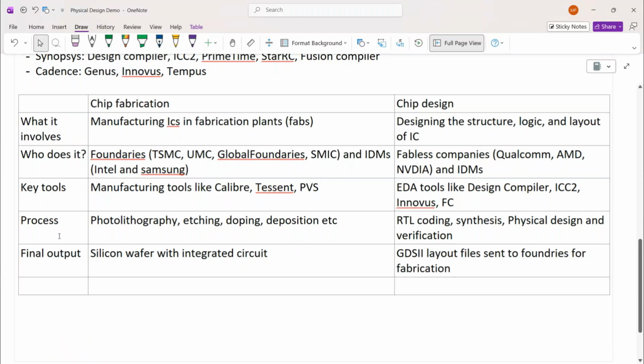Right? So obviously, if I talk about dependency, the fabrication people are dependent on what design is coming from us, and we are dependent on them, because if we design one chip, it has to be fabricated. So we are interdependent.